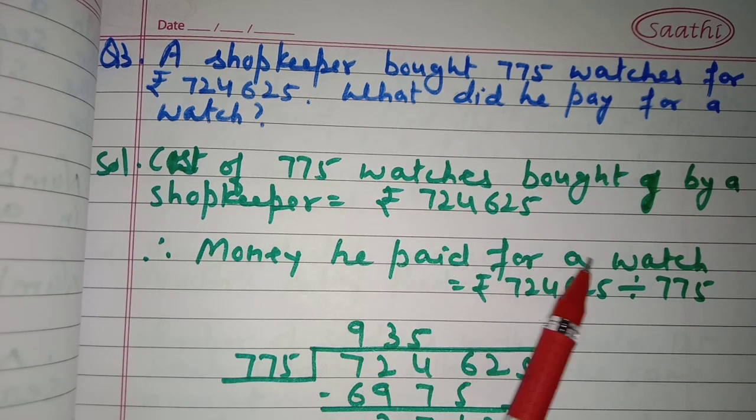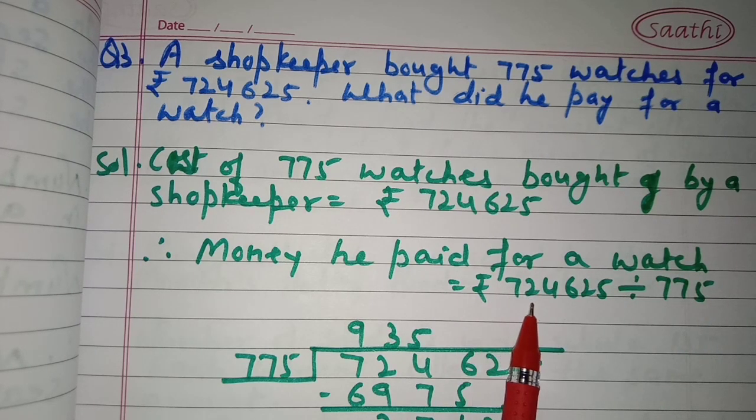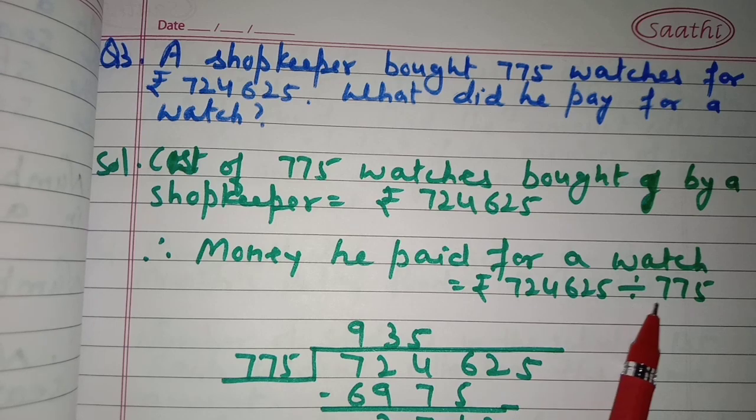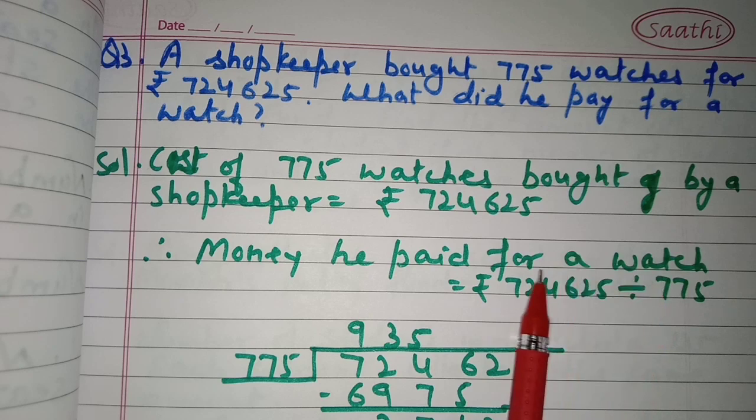Therefore, money he paid for a watch, means for one watch. That is, we need to divide rupees 7,24,625 by 775. It means we have to divide the cost of 775 watches by 775 to know what is the cost of one watch.